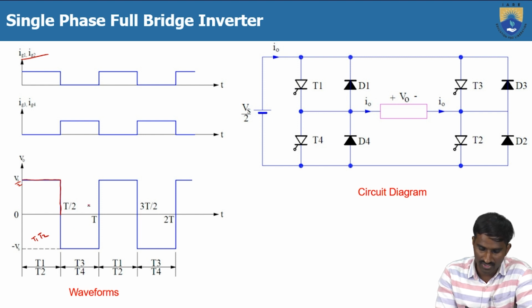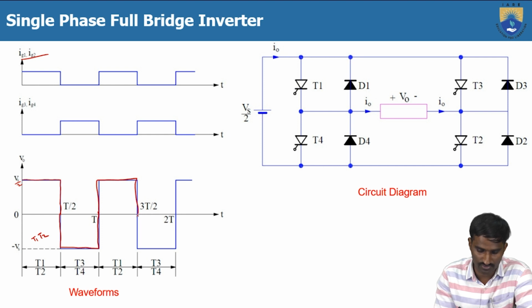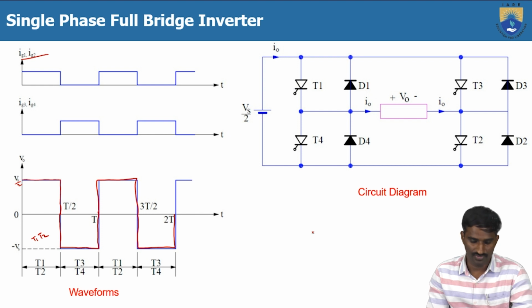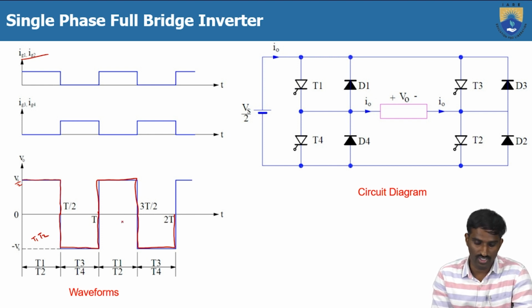Which means here T1 and T2 are triggered, and then when IG3 and IG4 are given, which means the gate current for the third thyristor and the fourth thyristor, then T3 and T4 will turn on, then you will get the negative voltage. Then after that again positive and negative. Usually we are taking this for our simple understanding purposes.